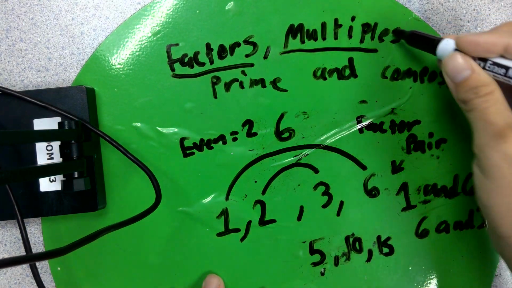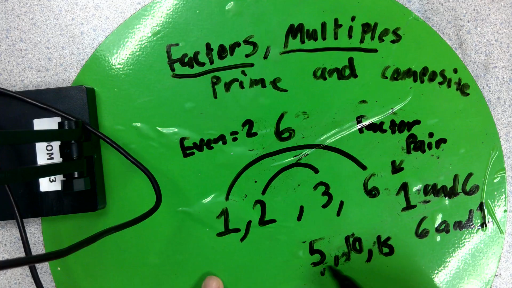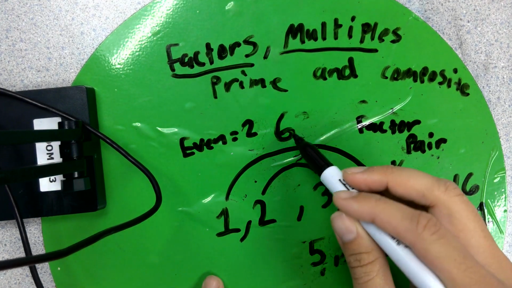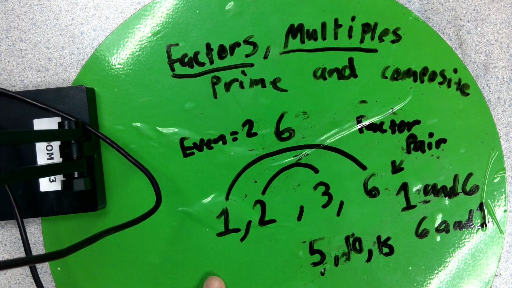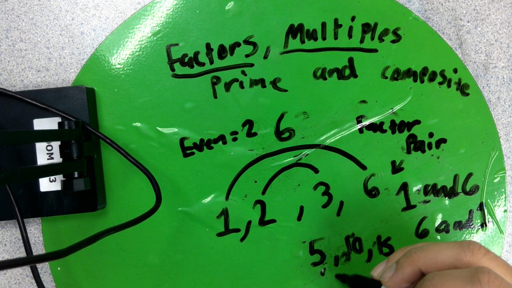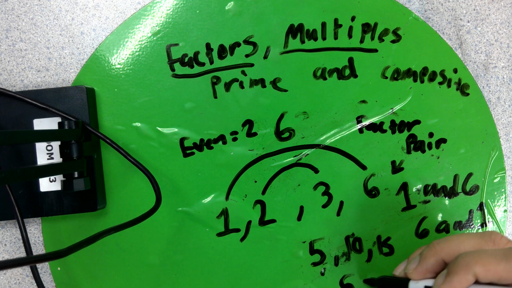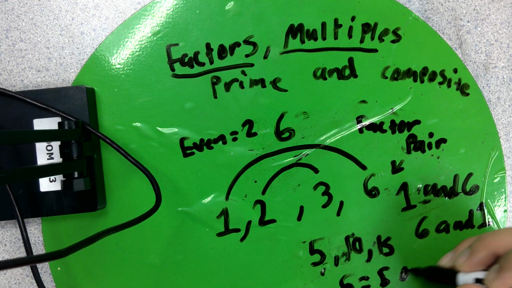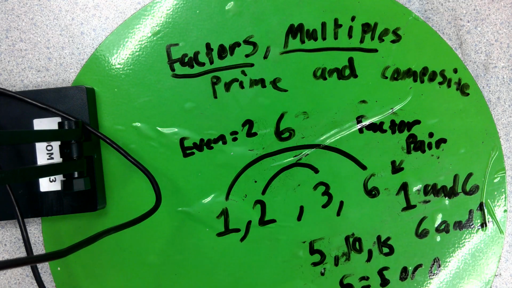Oh, I noticed with multiples of 5, everything's going to end either in a 5 or a 0. Of course, 6 does not end in a 5 or a 0, so that's a rule that we've got to make sure of: numbers will have a factor of 5 if they end in 5 or 0. So 6 does not end in 5 or 0, so that does not mean it will have 5 as a factor.